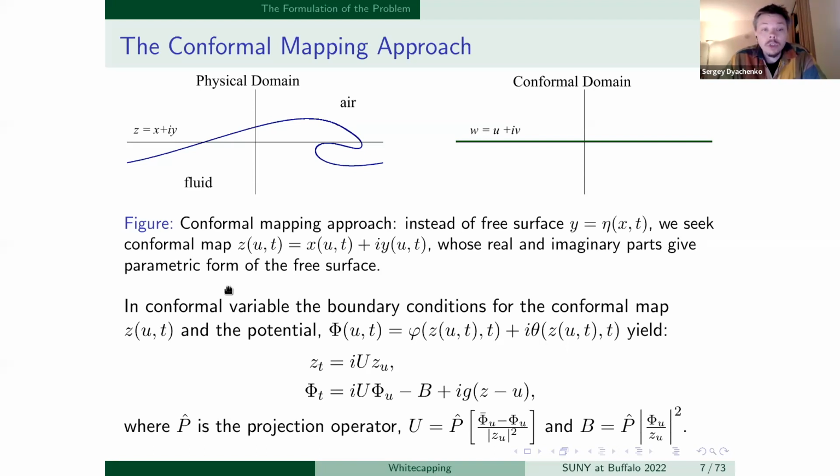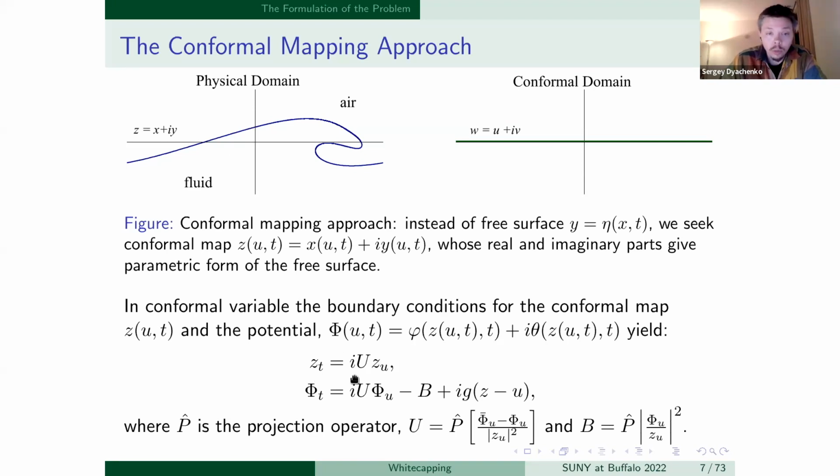And so the thing now, however, that we get might not be as convenient as before. Now instead of finding just one function eta of x and t, we have to determine this complete complex analytic function z that makes a mapping from the lower complex plane to the fluid domain at every single instant of time. So in fact, we are going to get some evolutionary equation for the conformal map.